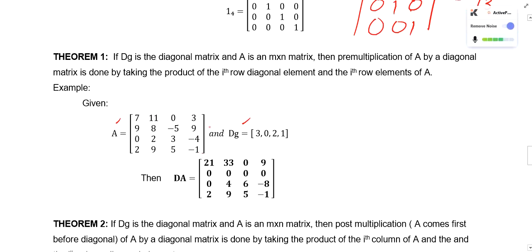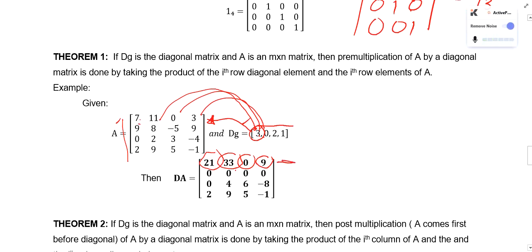So this will have four rows and four columns, and it can be multiplied. We have here 3 times 7, that is 21. Then 11 times 3, that is 33. 0 times 3 is 0, and 3 times 3 is 9. So the product of 3 and the first row becomes the elements of our first row.